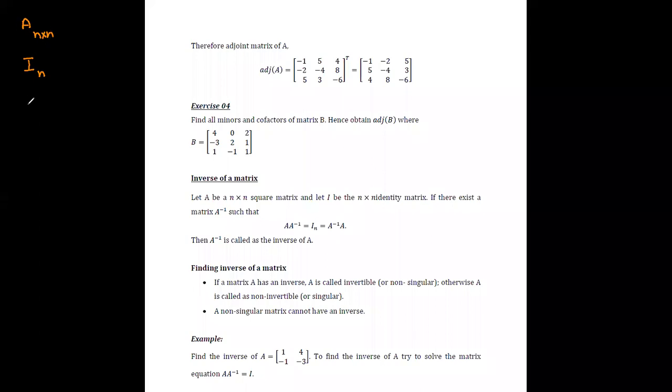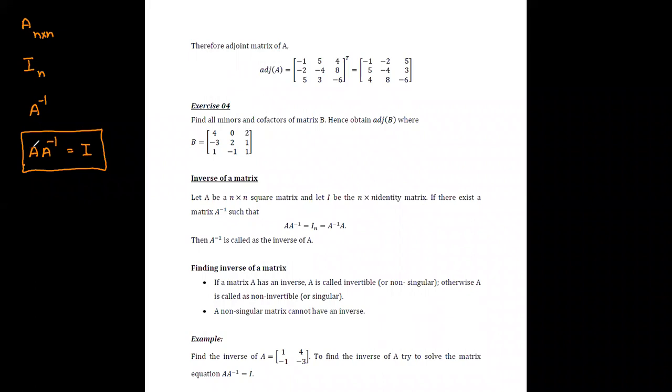And we are saying that there exists a matrix called A inverse, as it satisfies this equality: A times A inverse equals I. If the product of any given two matrices gives an identity matrix, then one matrix is an inverse of the other matrix.